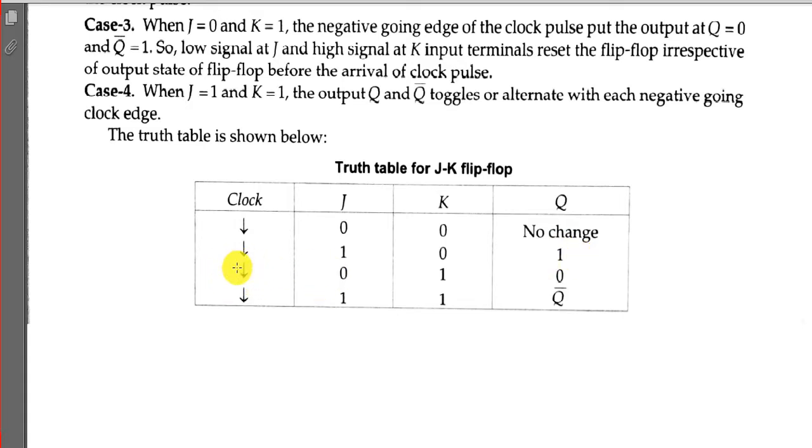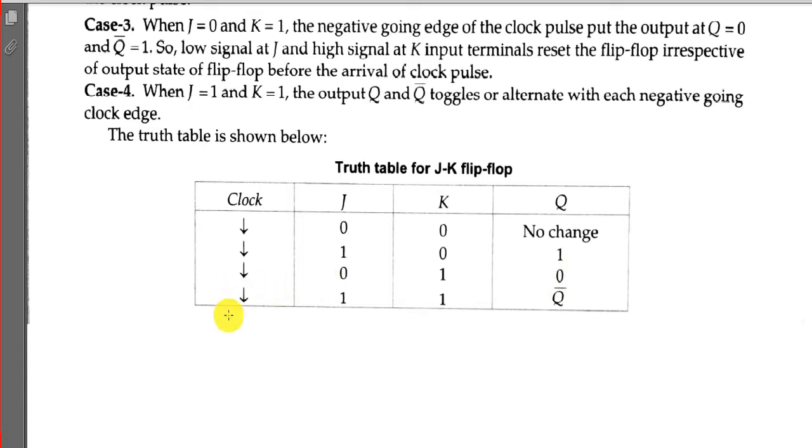Now for the high to low pulse, if we apply J at a lower logic and K at a higher logic, then we get output Q as 0 and Q dash as 1, that is the reset state of the flip-flop.